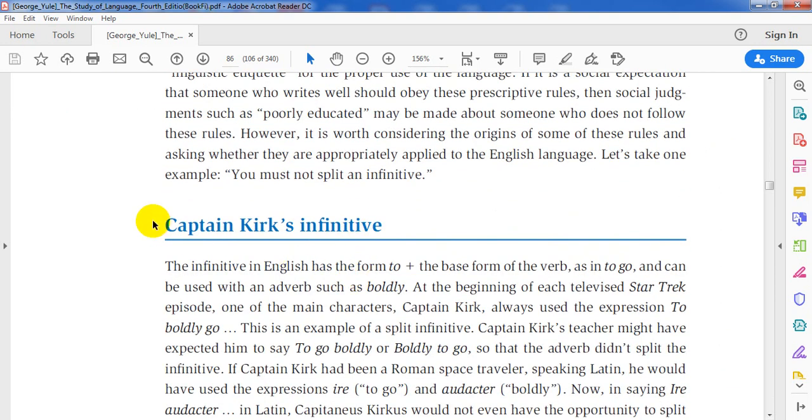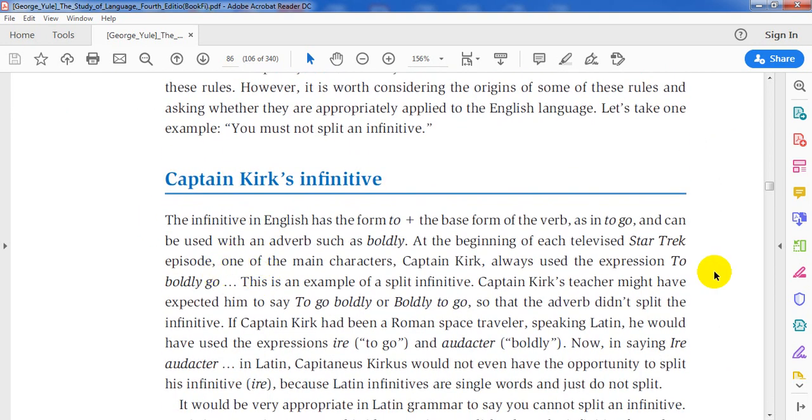So Captain Kirk starts using "to boldly go." And according to the prescriptive rules of grammar, this phrase is wrong.